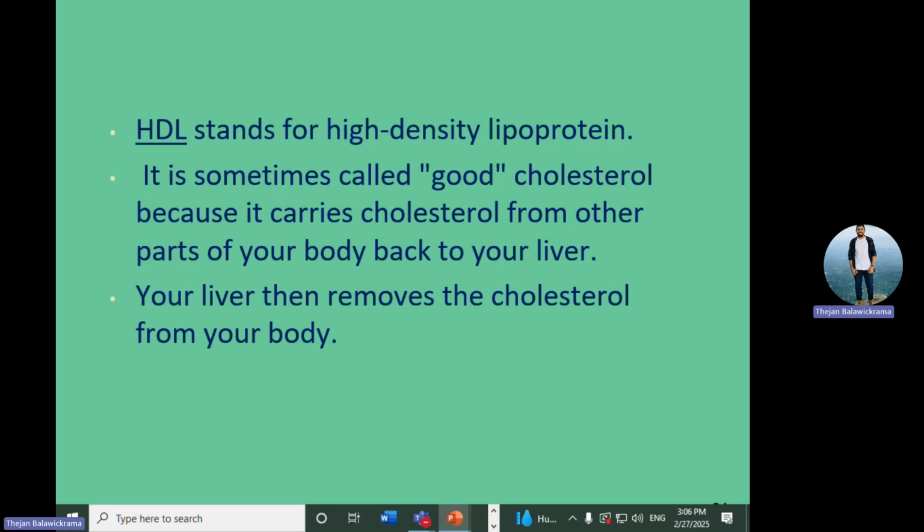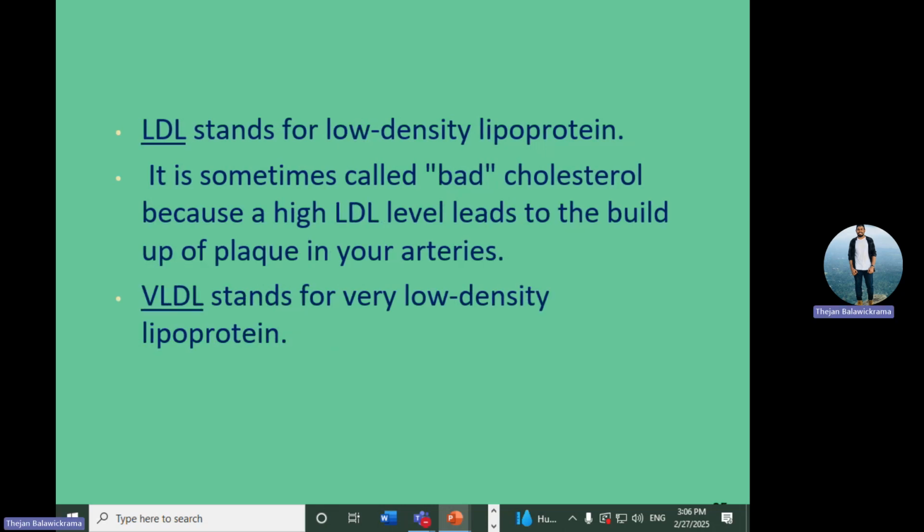LDL, low density lipoprotein, is bad cholesterol. This is the one that makes a paste-like material in the arteries and blocks them. The other one is very low density lipoprotein, VLDL.